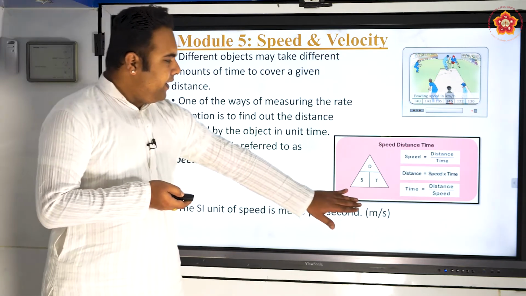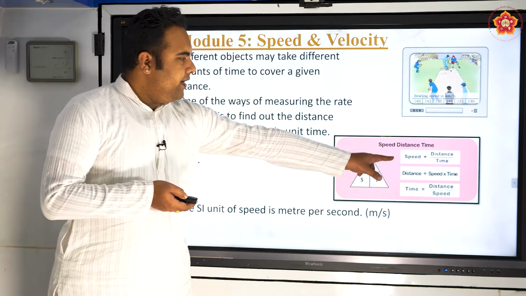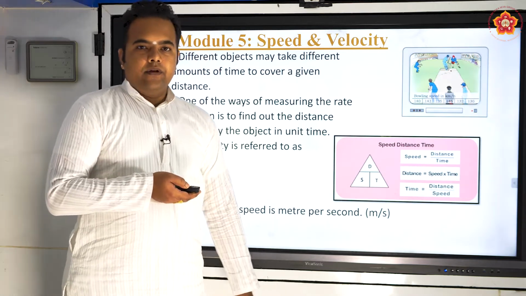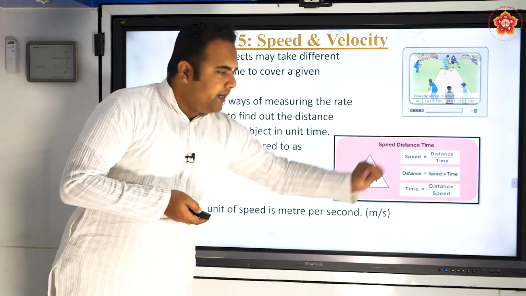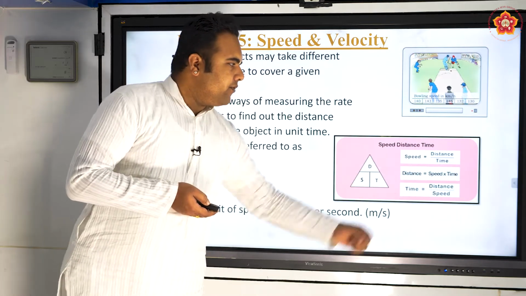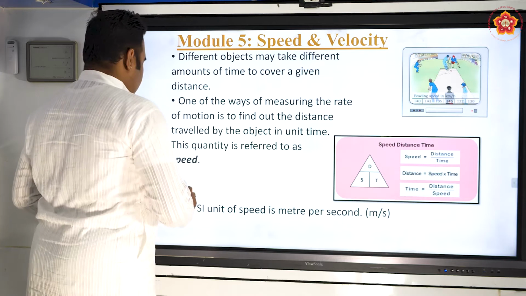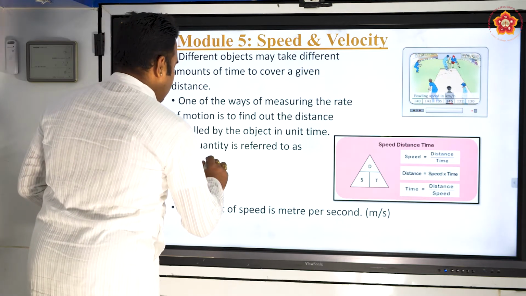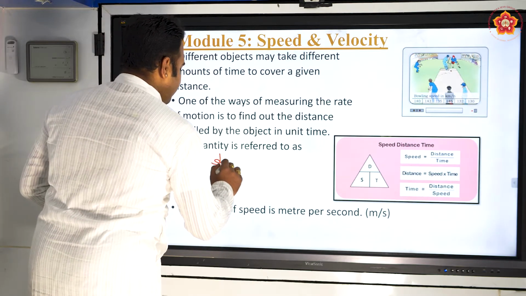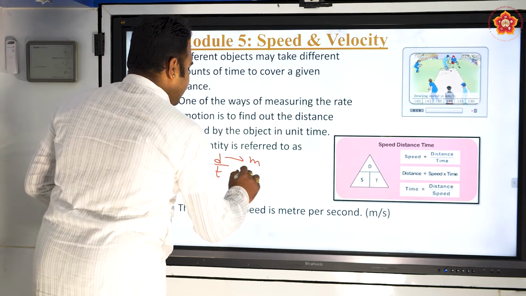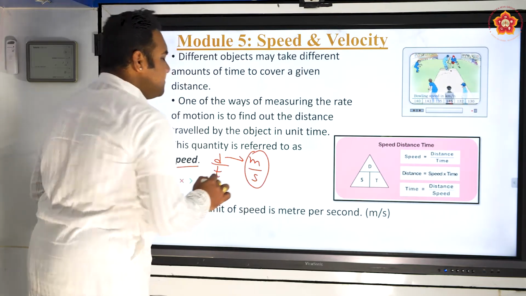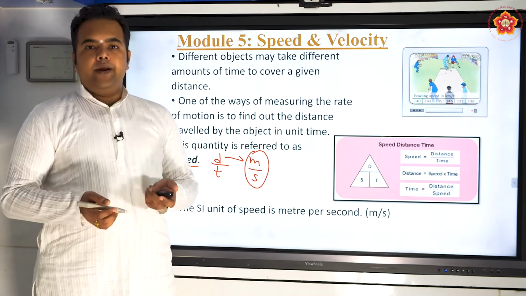So the SI unit of speed now we can calculate. Speed we defined as distance by time. The SI unit of distance is meters. The SI unit of time is second. So therefore for speed, distance by time, distance is meters, time is second. So therefore meters per second will be the SI unit of speed.